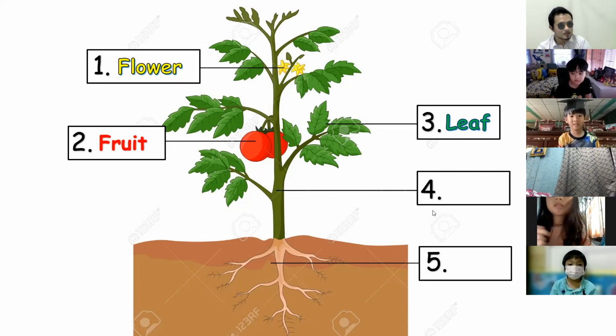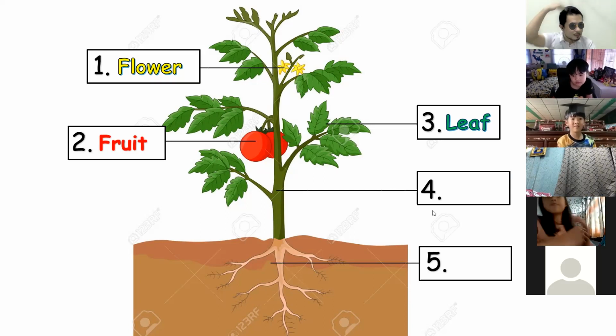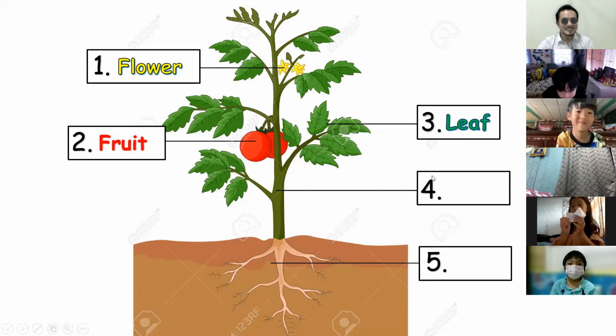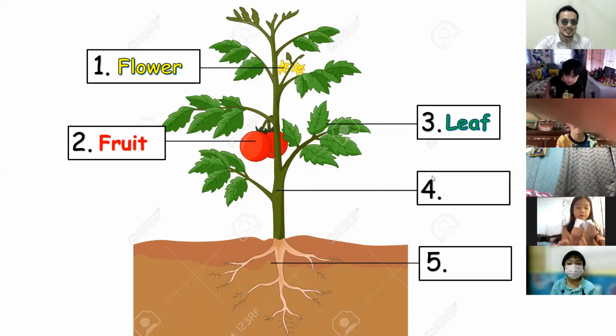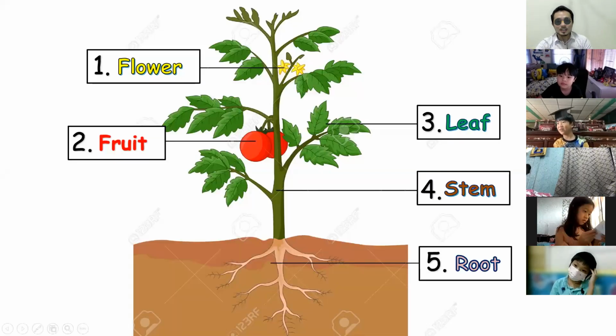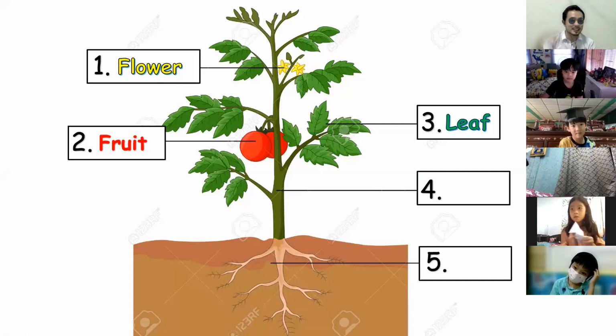Hi, Dew. You have a graduation hat. So for number four, just raise your hand in the reaction button so that I can recognize you. Oh, sorry, what is number four?